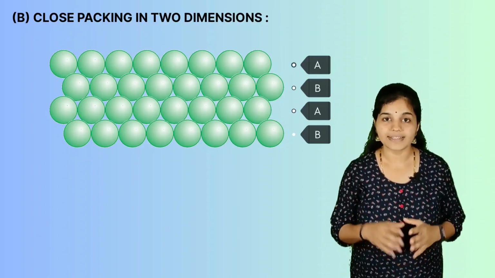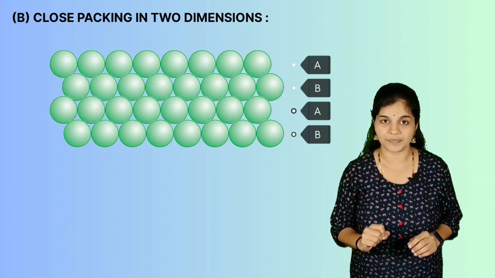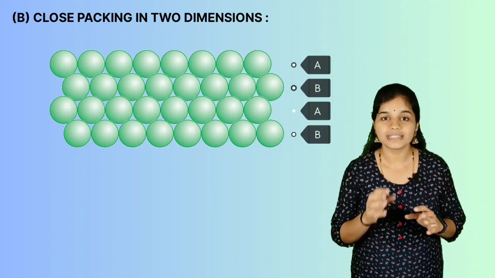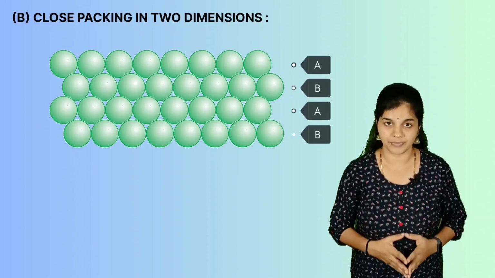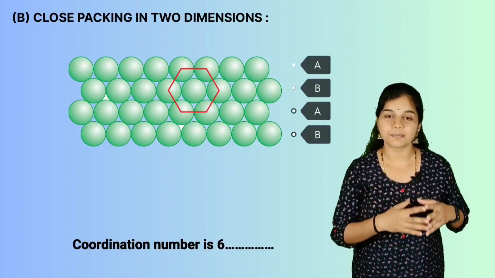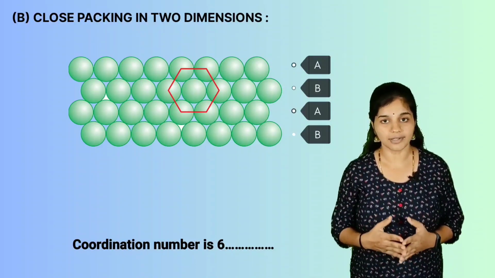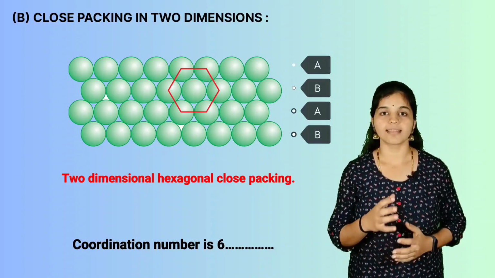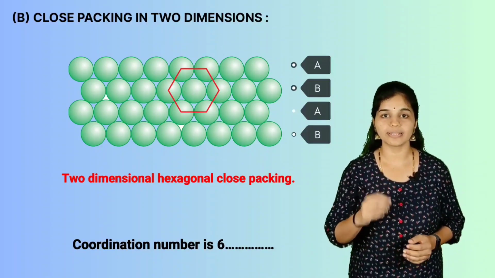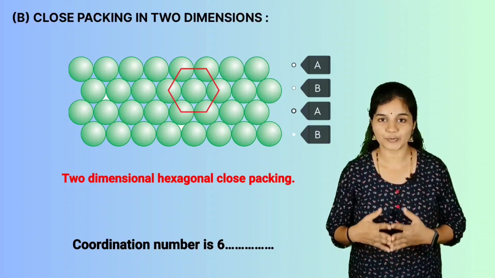If I join the centers of the 6 spheres, then they form the corners of a hexagon. Therefore, this packing is called two-dimensional hexagonal close packing. The hexagonal close packing is more efficient than square close packing.